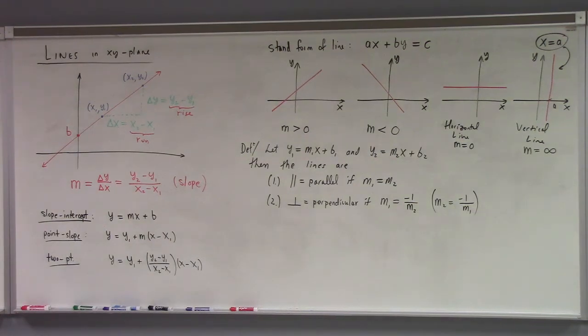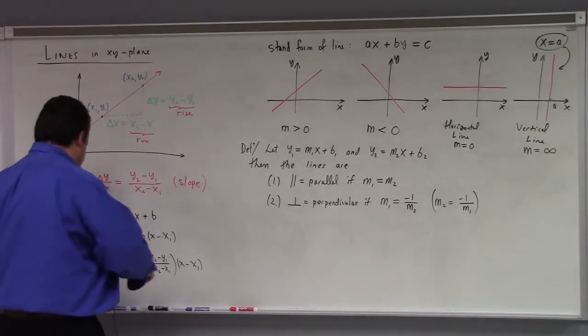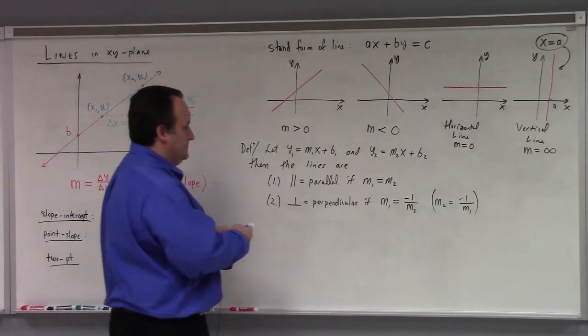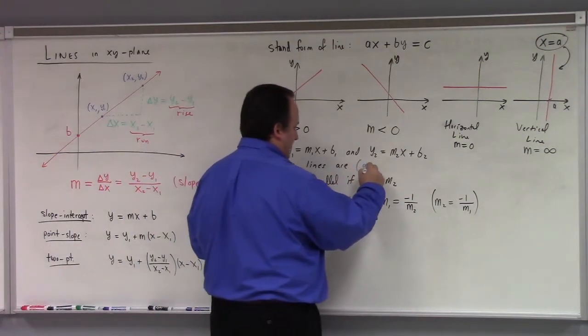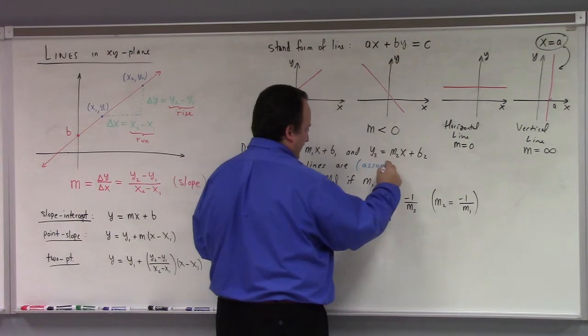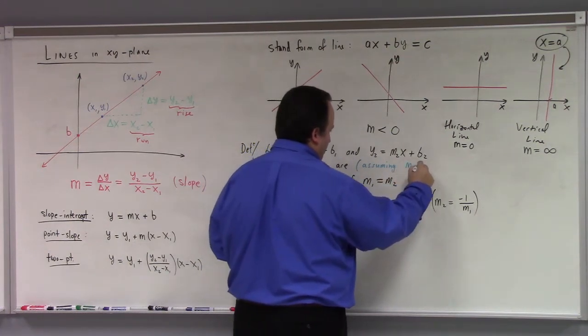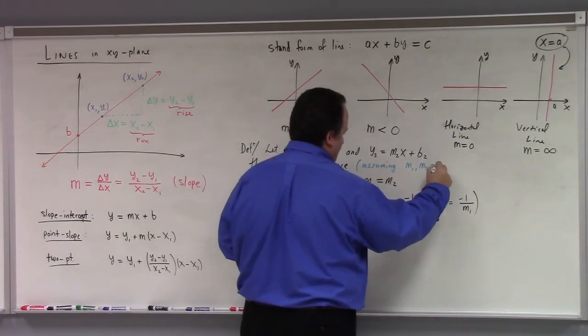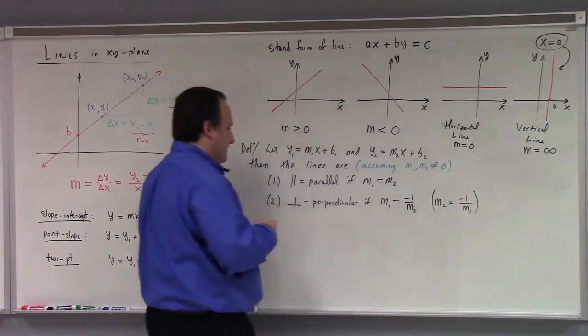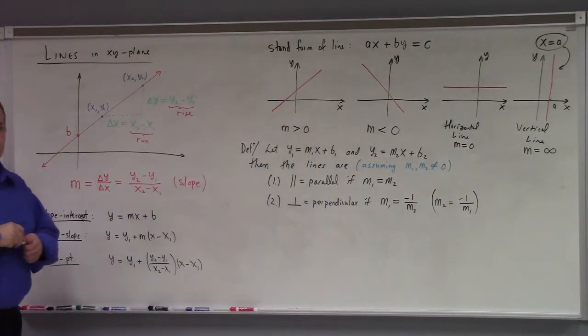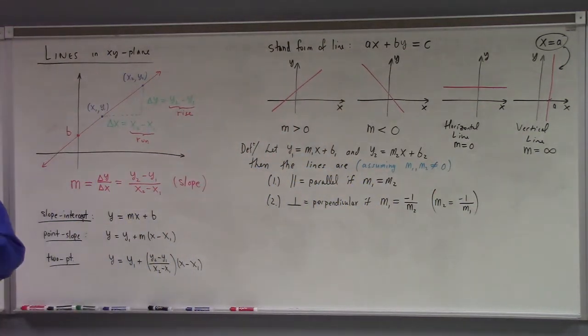But now, what am I assuming about the two lines here for this definition to make sense? What do we know about m1 and m2? I'm assuming m1, m2 not equal to 0, right? Although, if you wanted to allow infinity in this story, it does still kind of make sense, right?